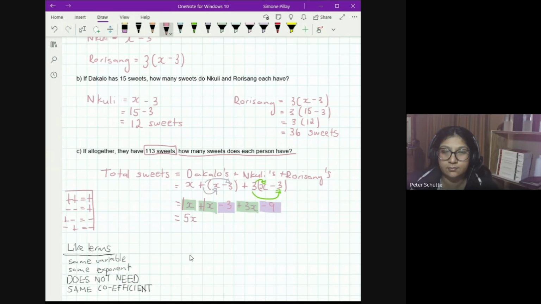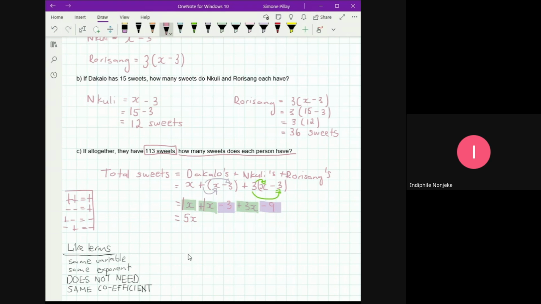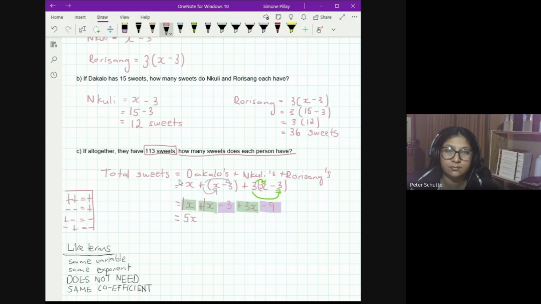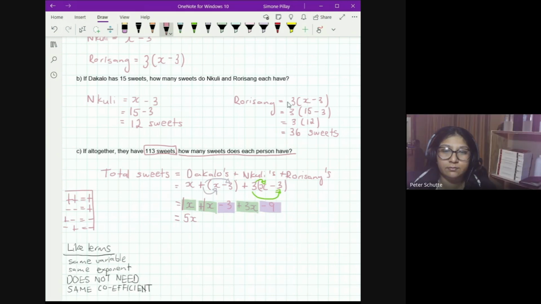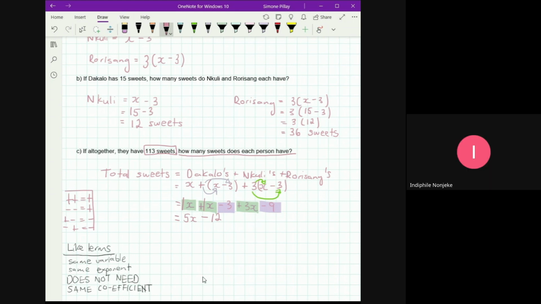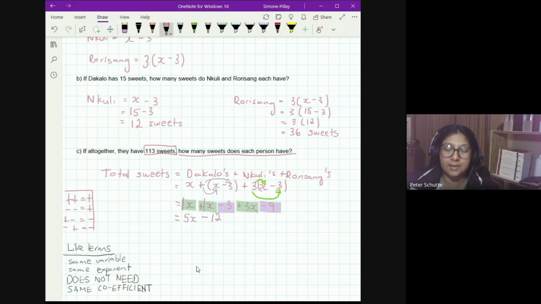And then we say negative 3 minus 9, which is negative 12. Yes. Okay. Can I simplify this more, Itandile? No, ma'am. Why not? Because there are no like terms. 100%. So this is now my new expression for the total sweets that they all have together.